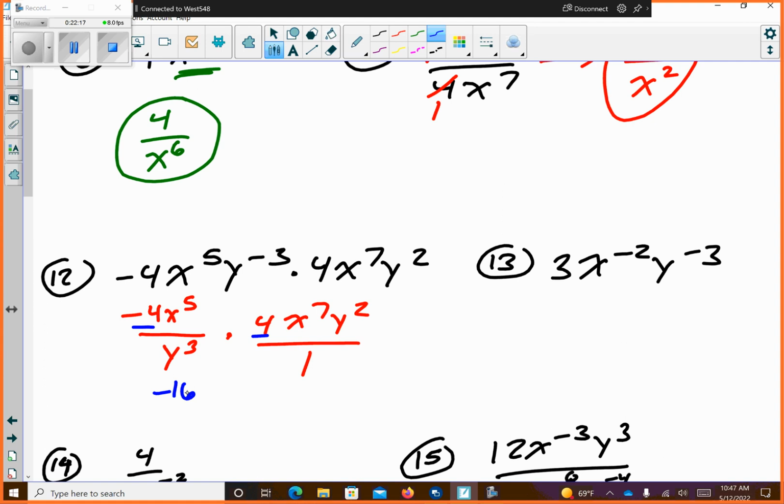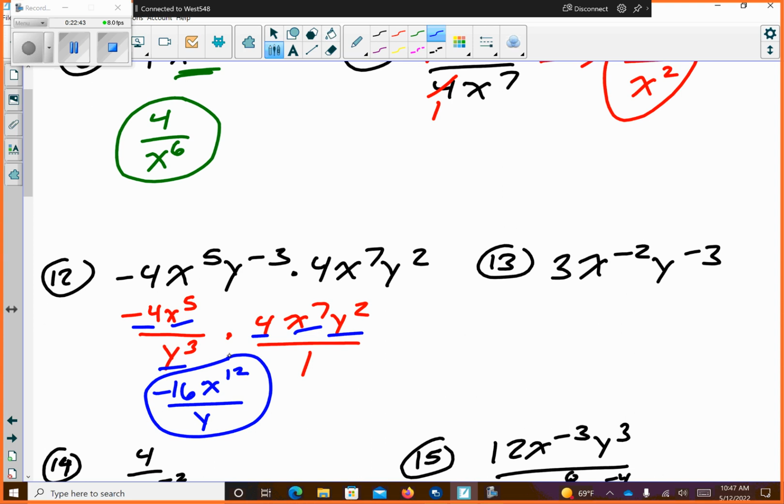I have 5 and 7. 5 plus 7 is 12. Tug of war with the y's. Who wins, top or bottom? Bottom by how many? 1. There you go.